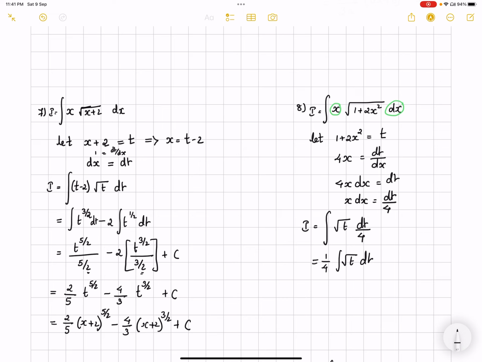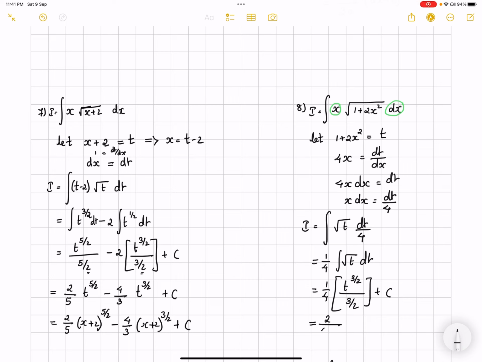And we know very well when we integrate t to the power 1 by 2 or root t, I would be getting t to the power 3 by 2 divided by 3 by 2, which is nothing but 1 by 2 plus 1. That's what we have done with the power as well as with the denominator. So in this way, I would be getting it, and then plus c. So now what would happen here is the 2 which is in the denominator of 3 by 2 comes to the numerator.